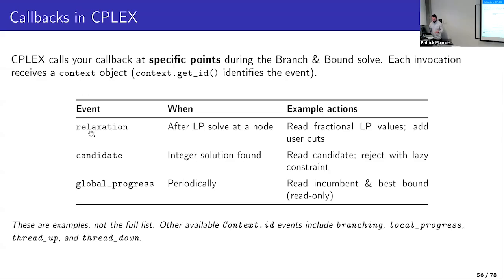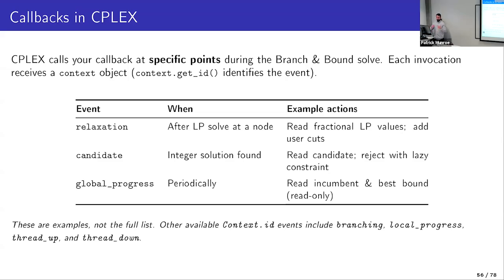One of them, for example, is at the relaxation. At each node you solve some LP problem. After solving the LP, you have access to the LP solution, and you may want to add some cuts, for example, some user cuts. I don't think we'll have time to go over that today.